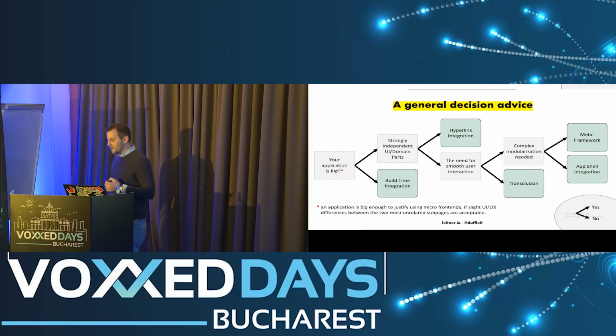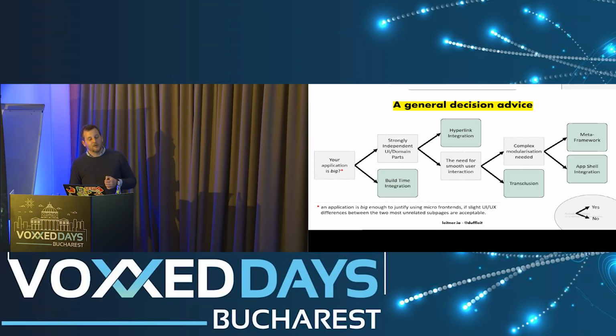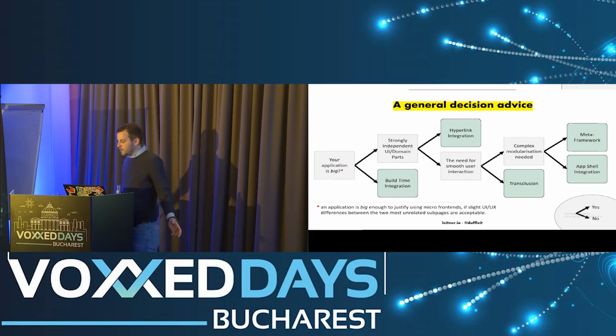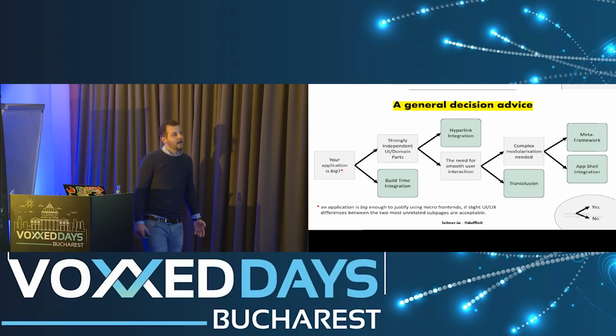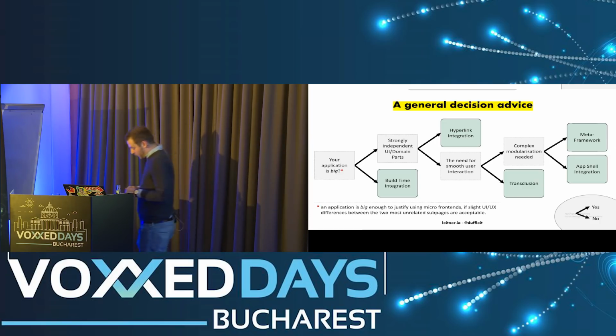It's much healthier, it's much more efficient, and it actually turns out to be not really possible if you have distributed frontends. But if you say, no, it's not an issue, the landing page can look a little bit different, for example, like the user profile settings, which is usually the case, then you need to ask yourself, do you have strong and independent UI or domain parts?